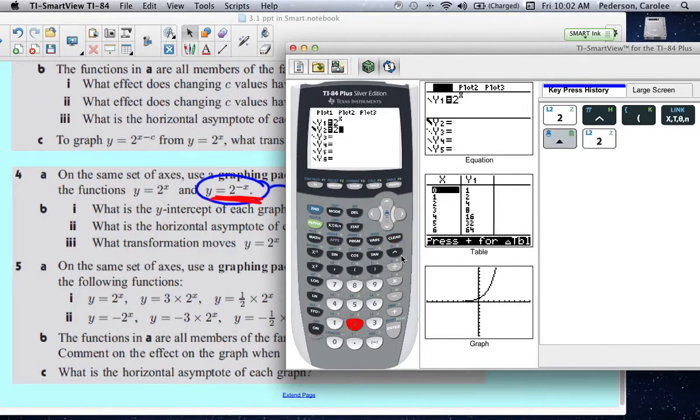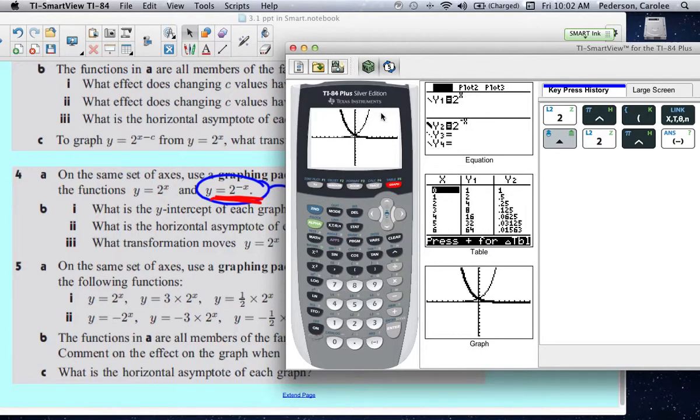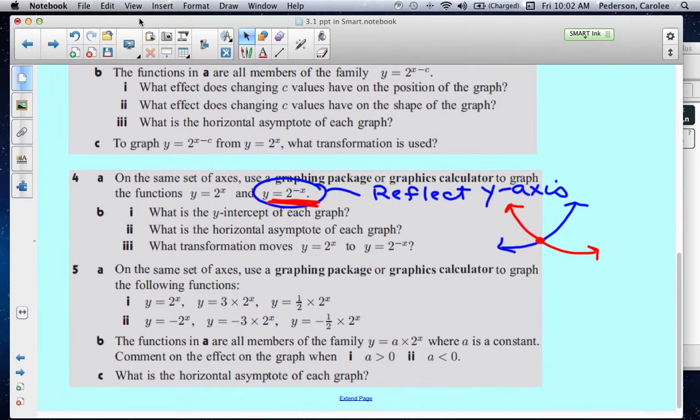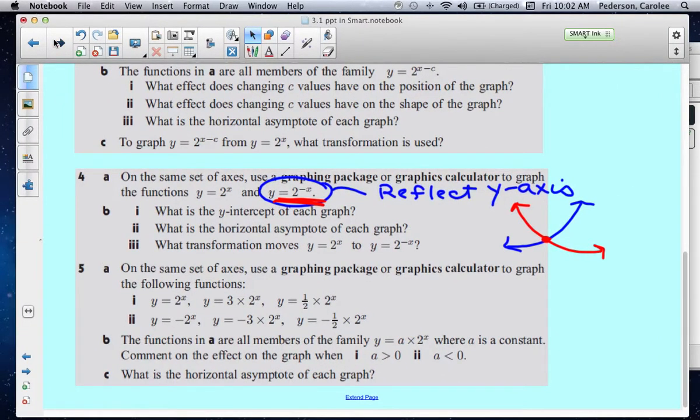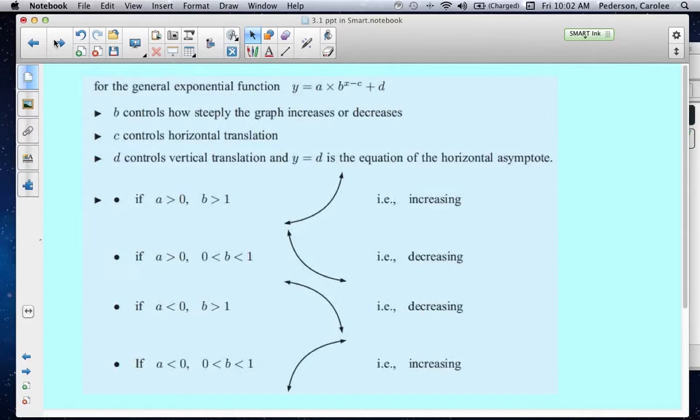So it'll be 2 raised to the negative x. So there is now my new one reflected. Has error? We'll check yours.